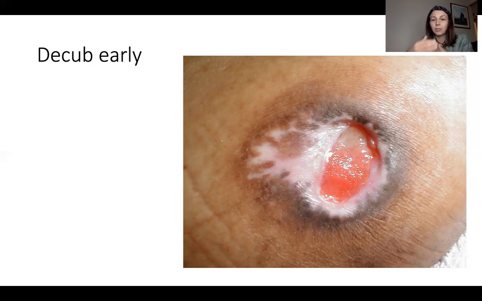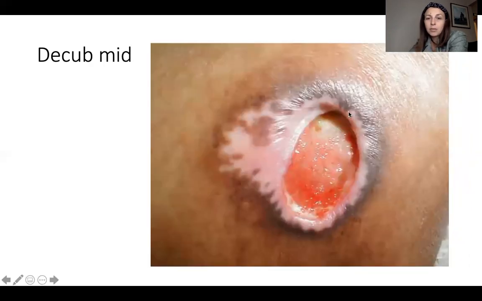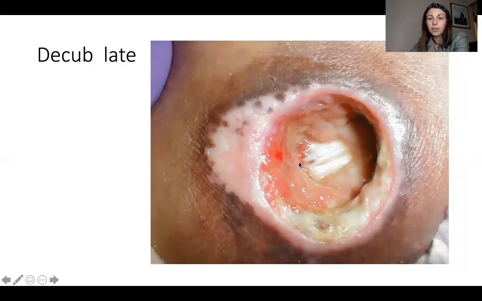But the pressure hasn't been relieved, and it's still getting worse. It just gets deeper and deeper, penetrating through the epidermis, the dermal layer, and then the hypodermis. Now we're really getting close to the hypodermis.